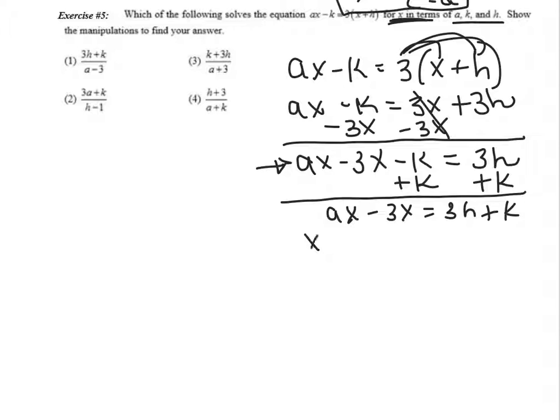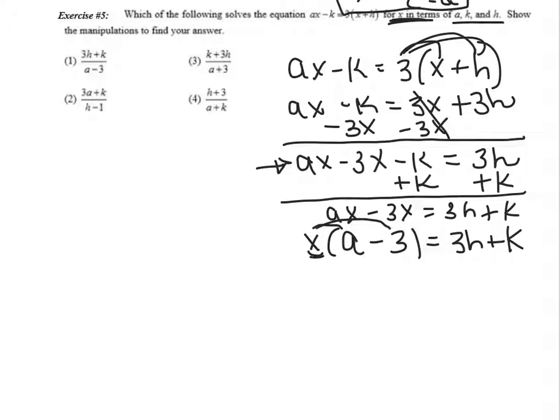Let's pull the x outside the parentheses and think about what would be left in the parentheses. Well, if when we distributed the x, we got ax minus 3x, that must mean there was an a minus 3 in here. Sure enough, x times a gives you ax. X times negative 3 gives you negative 3x. We just undistributed to get that x by itself.